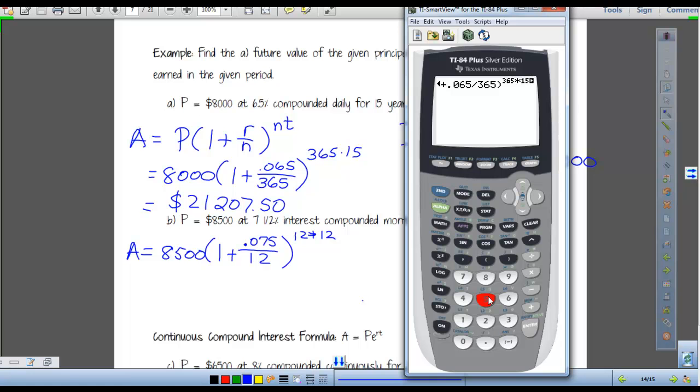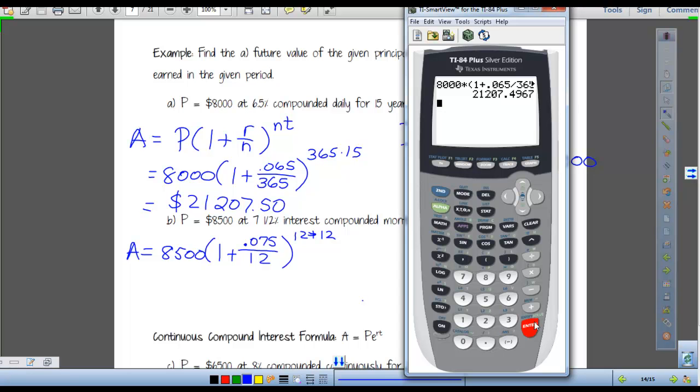All right, so when you did that, I got 21,207.50. Okay. You have to make sure that that exponent, if you're going to have it multiply it for you, is grouped together. Okay?